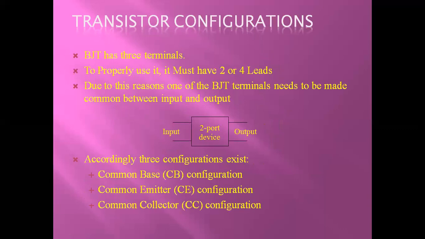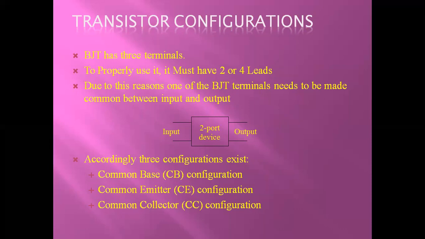Going to the configurations of the transistor, nominally a BJT has three terminals. For proper use, based on theoretical and experimental processes, it must have two or four leads.